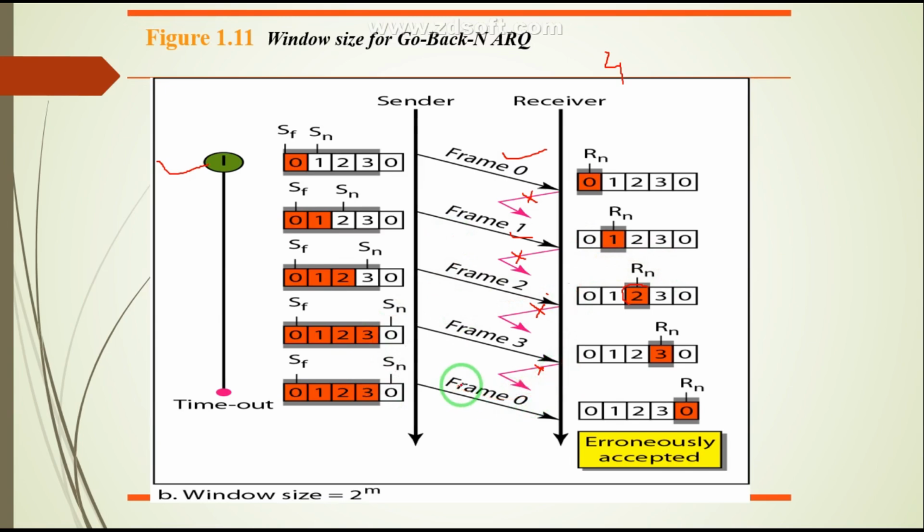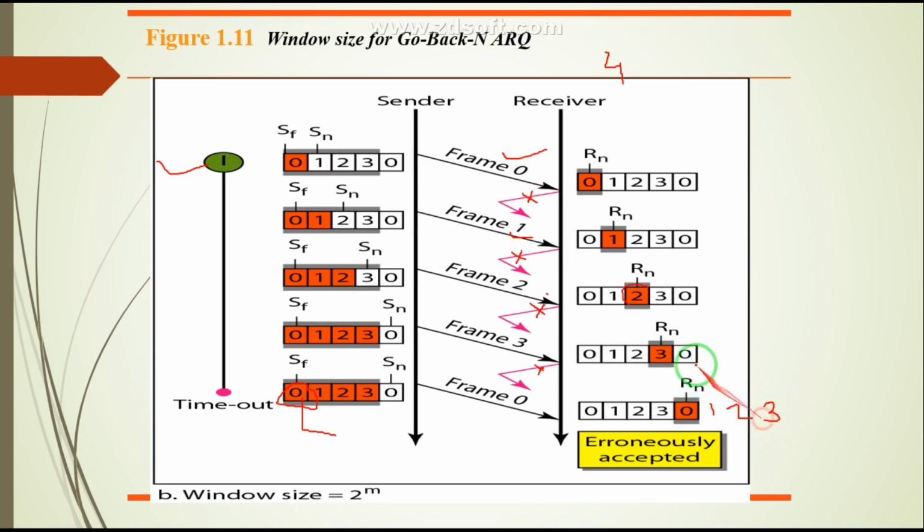It thinks that since the frames have not reached the receiver, it is again going to send frame number 0. Since it follows the sequence number modulo 2 raised to m, after 3 the sequence numbers again repeat 0, 1, 2 and 3 and so on.